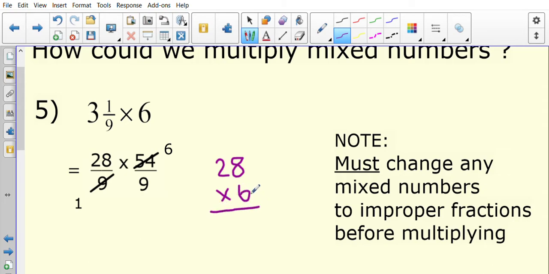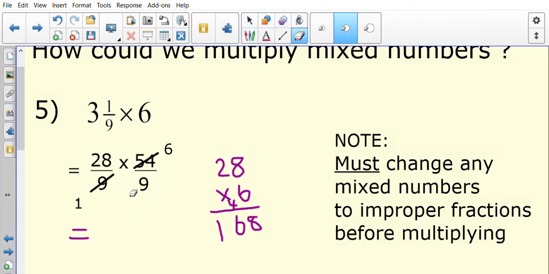Okay, so 6 times 8 is 48. So put down your 8, carry your 4. 6 times 2 is 12, plus the 4 you carried over is 16. So you have 168 on the top. I'll rub that out actually and type it in.